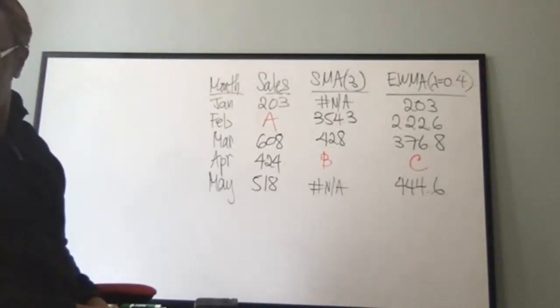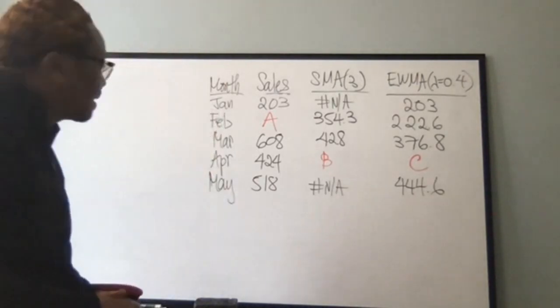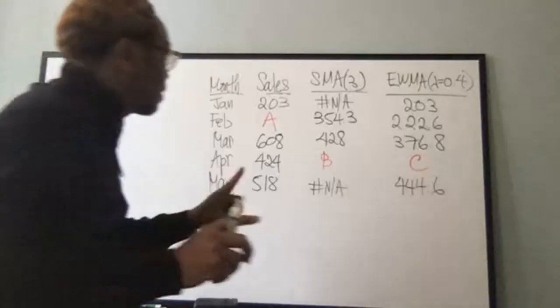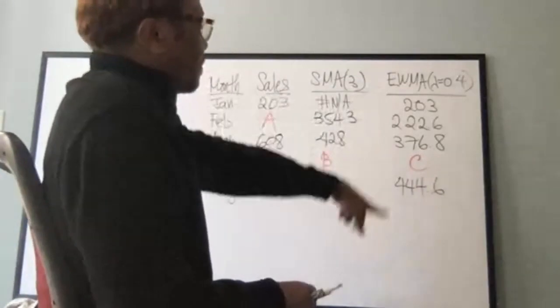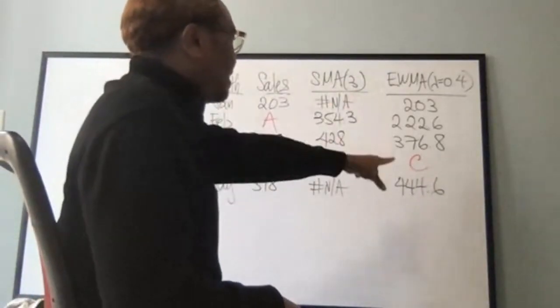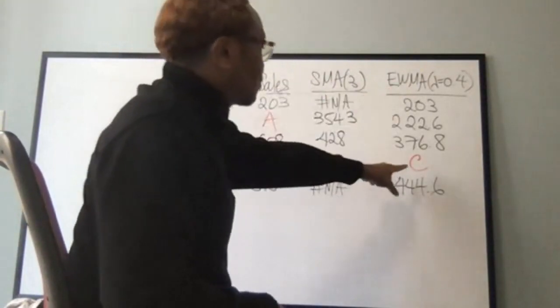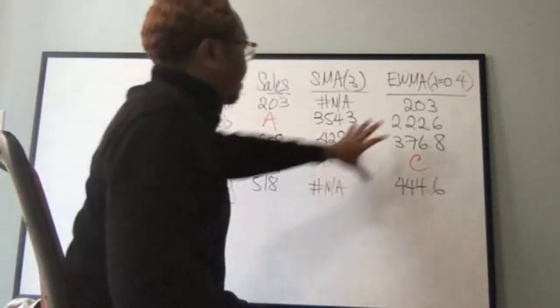Michael, any idea at least how to set it up? What relates to what? Would it be 354.3 plus 428 divided by 2? Not quite. Remember the EWMA column, we did EWMA and got these values, so it's going to have a 0.4 in it, because that lambda is 0.4, and it's going to relate this column to this column right there.